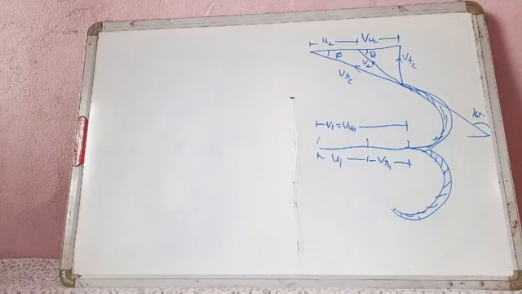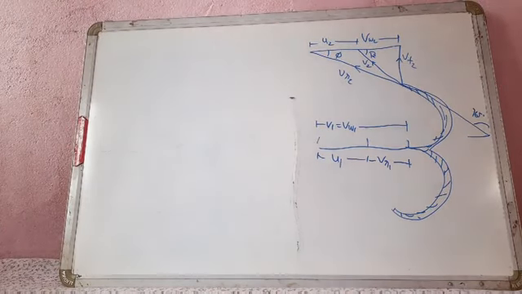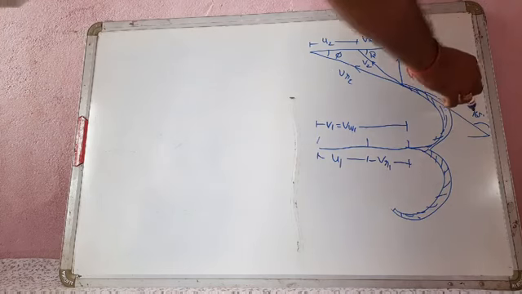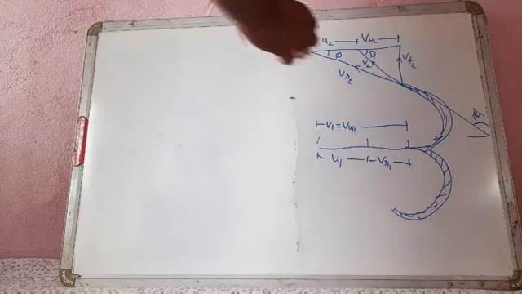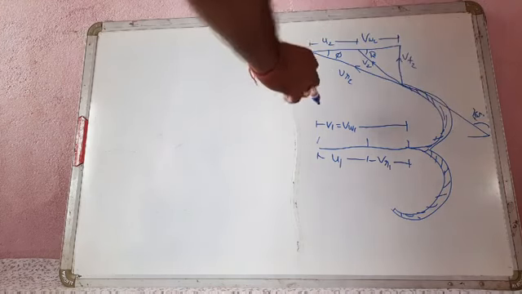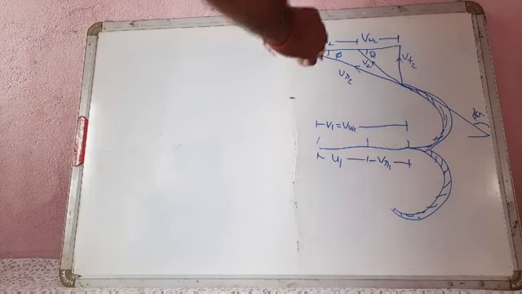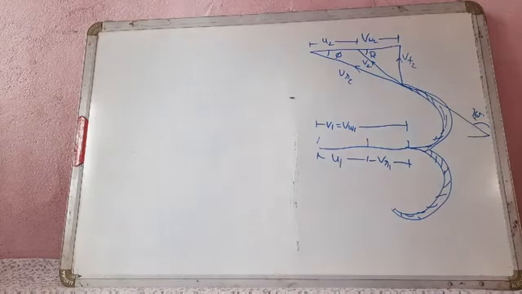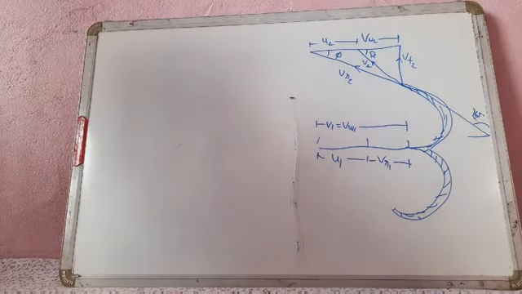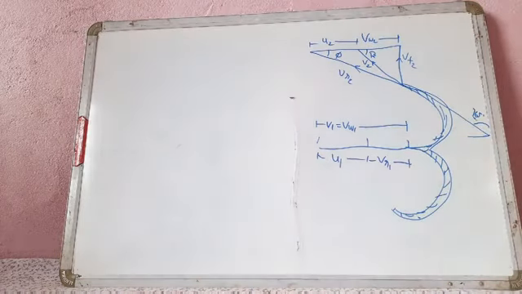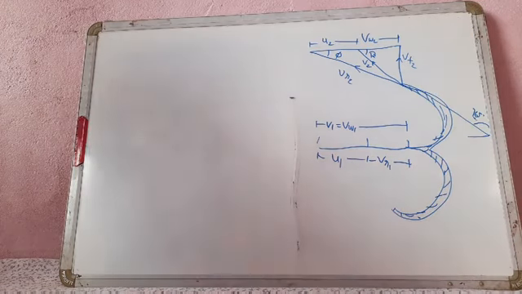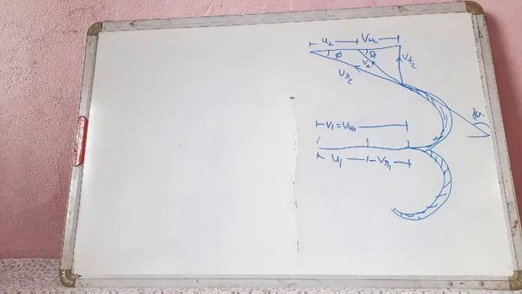This is the velocity triangle of the Pelton wheel turbine. Here in this question, the angle of deflection is given 165 degree. Here V1 equal to Vw1, and the other is the same in all the questions. So it is very important to draw this velocity triangle, otherwise some marks may be cut.